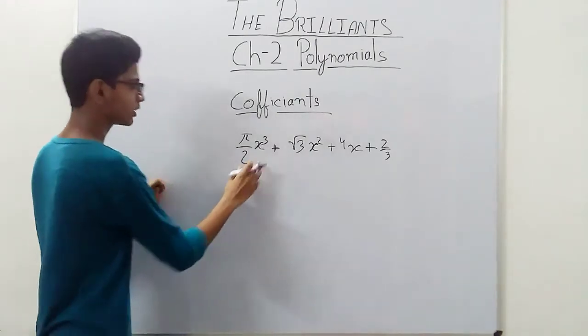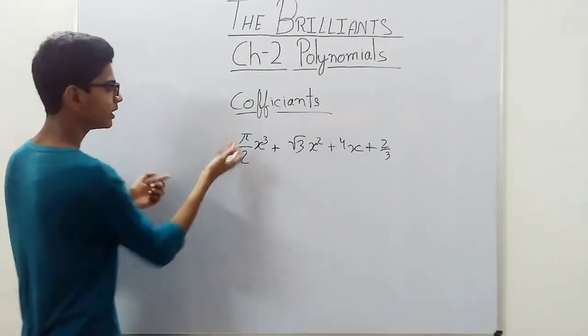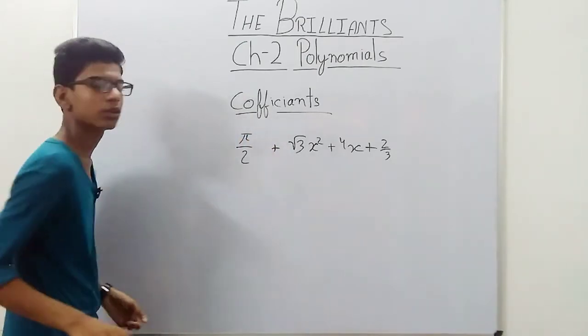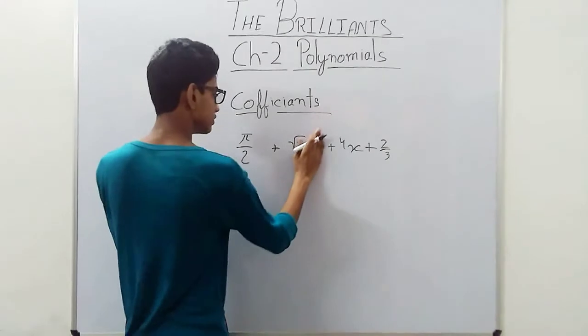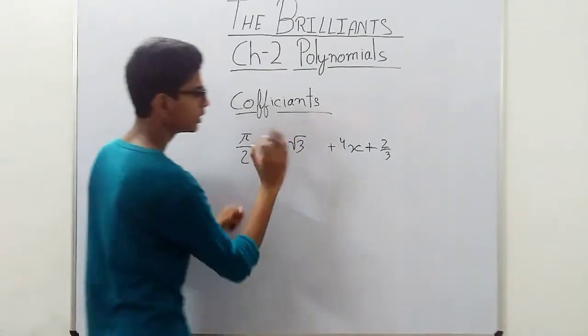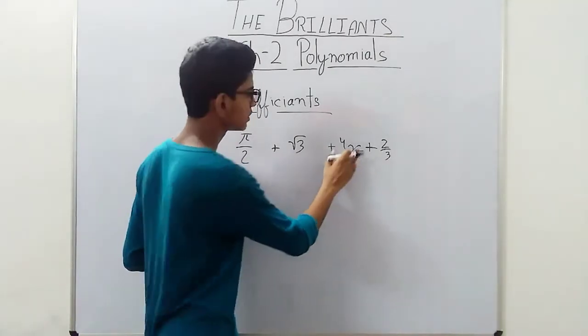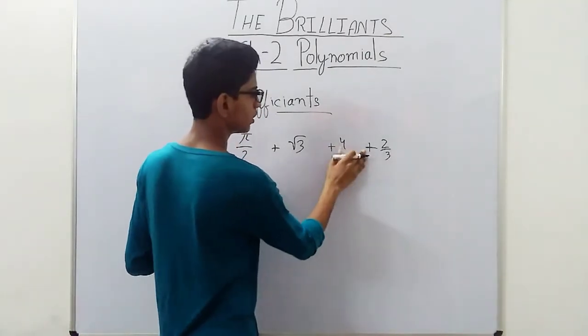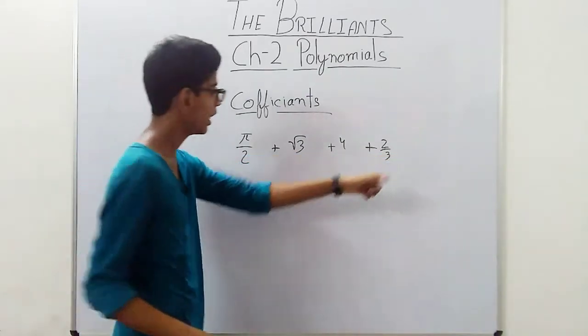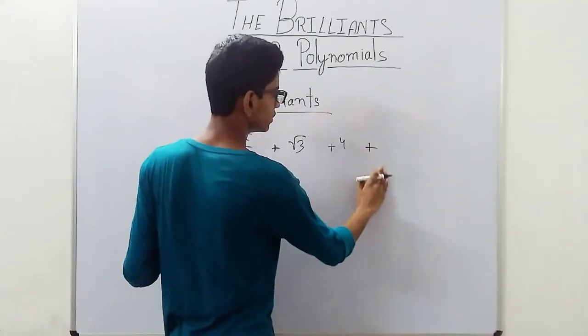What is the coefficient of x cube? Simply it is pi upon 2. For x square, simply root 3. It is plus root 3, but we write simply root 3. For x, it is 4. We can find the coefficient of 2 upon 3 also, and it is 2 upon 3, the coefficient is 1.